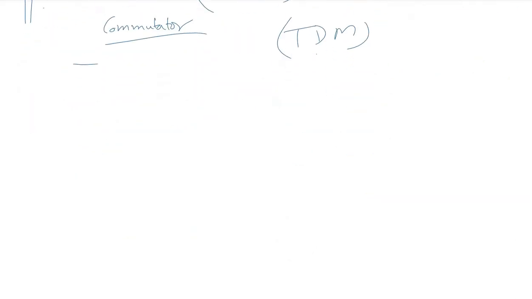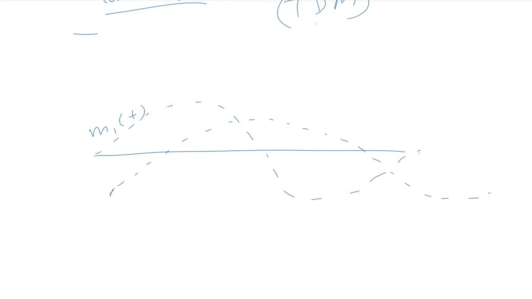Okay, if we draw the waveform for it, let's say this is M1T and let's say this is M2T. So there's a particular time difference between these two signals, and this is TS, which is the sampling time period.